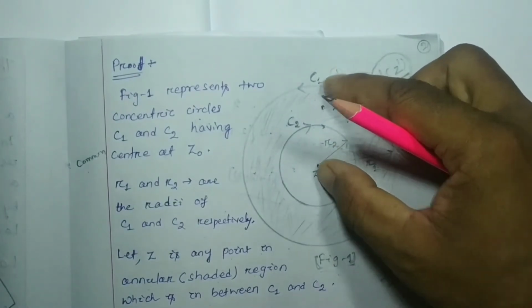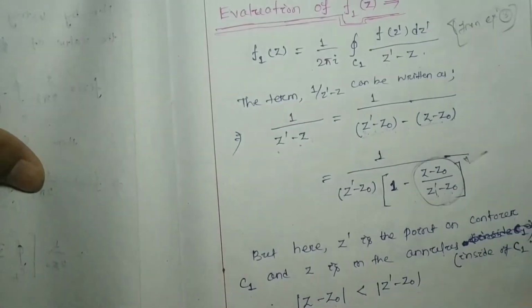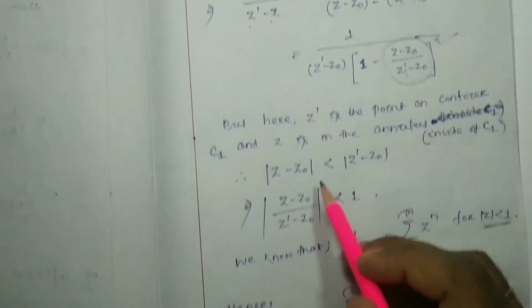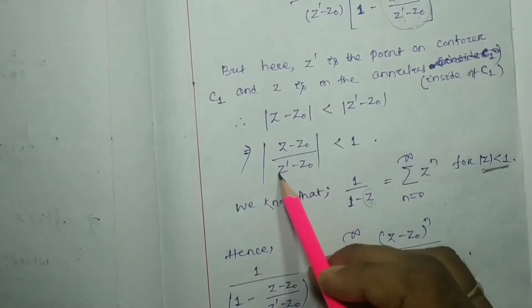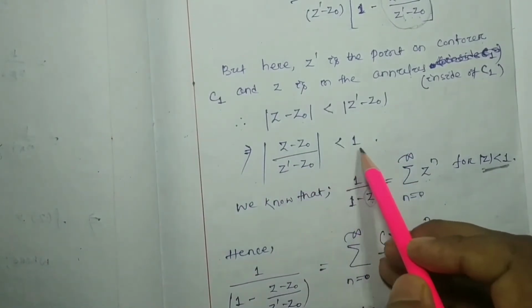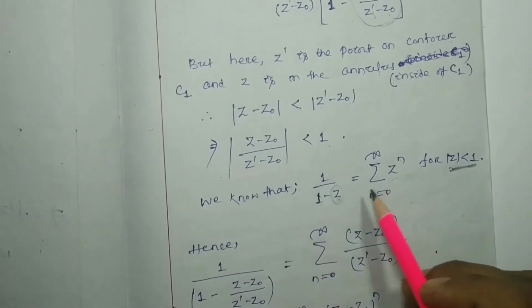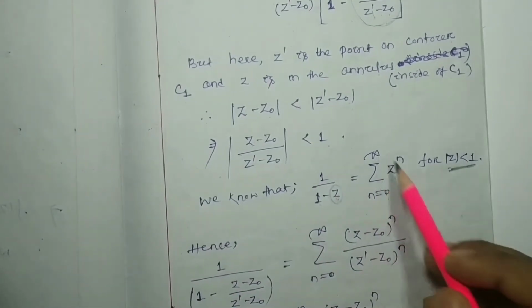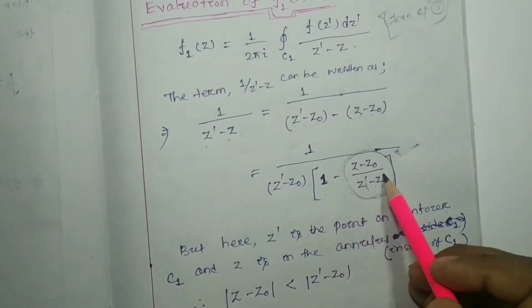Same thing has been written over here. That implies mod of (z minus z0) by (z dash minus z0) is less than 1. We know that 1 by 1 minus z equals the summation n equal to 0 to infinity z to the power n for mod z less than 1. Now this is in the same form.